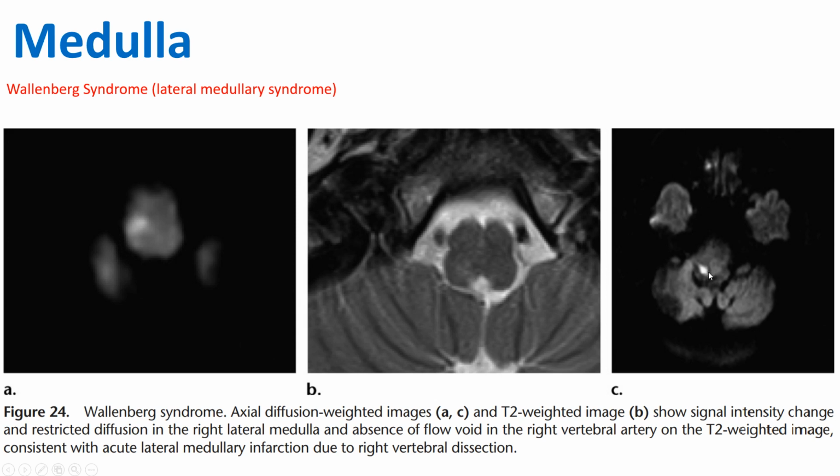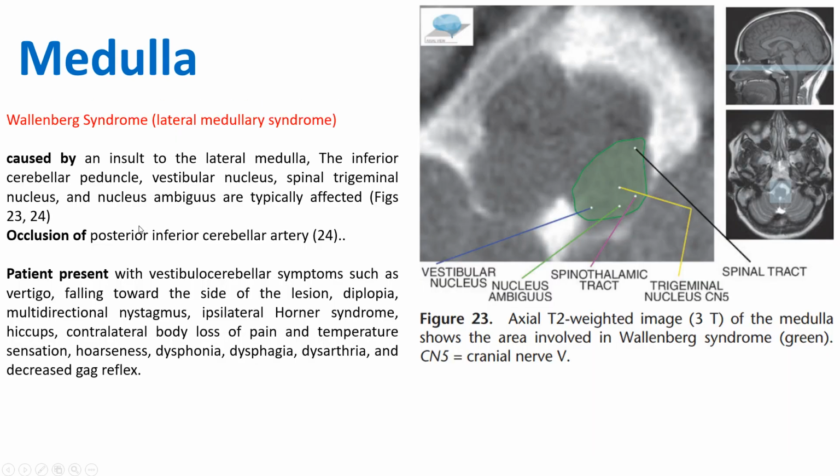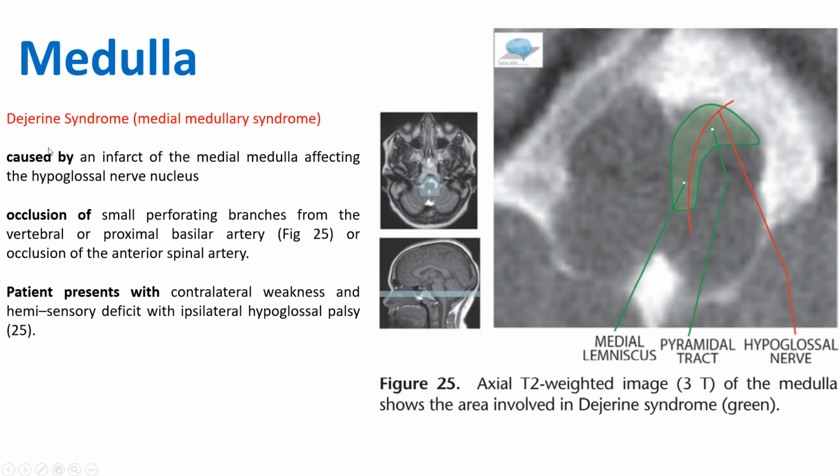We have a small bright spot here in the diffusion image, a faint bright spot in the posterolateral part, representing a small focus due to occlusion of the PICA, the posterior inferior cerebellar artery.